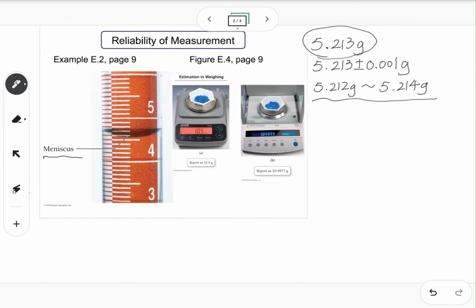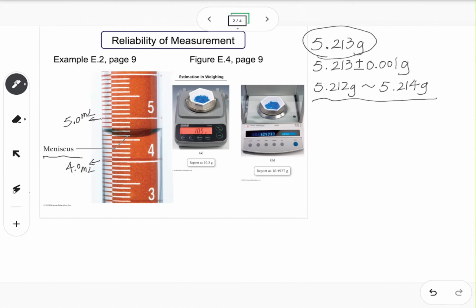Let me mark it. For this one here, it's 4.0 ml. The unit is ml. And this one here is 5.0 ml. Now between 4 and 5, there are 9 markings.